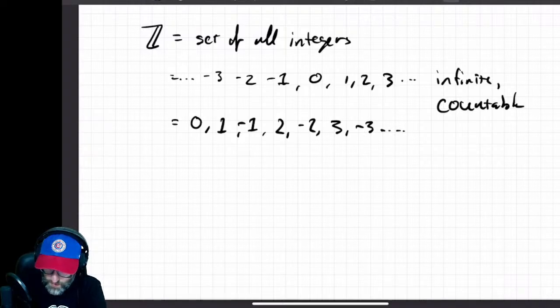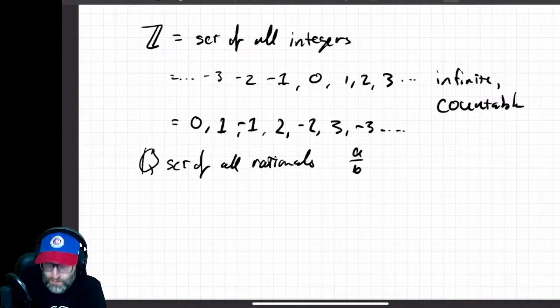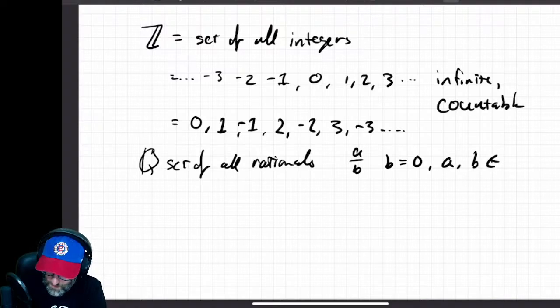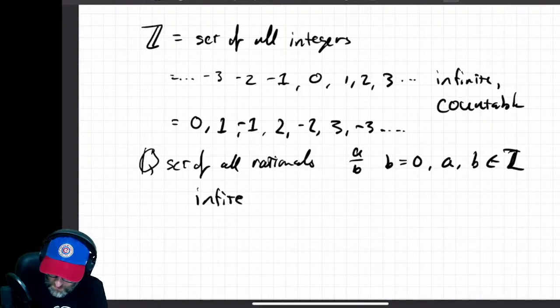What about Q? This is the set of all rationals. Right? Anything that can be expressed as A over B with B not being 0. Right? And A and B being integers. This is also infinite, and also countable.